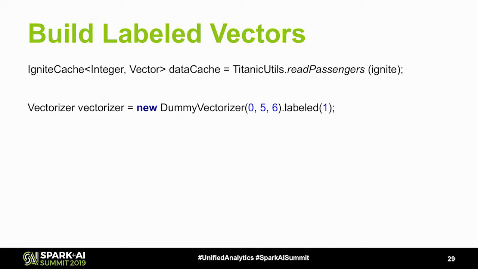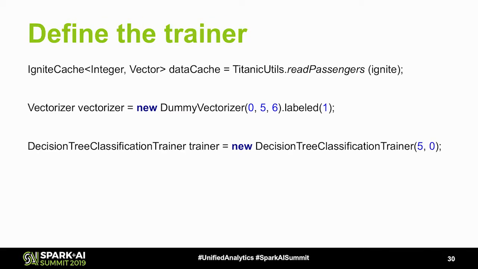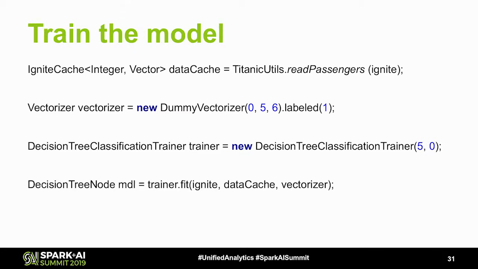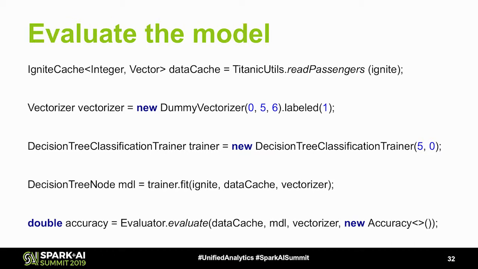It reminds me of VectorAssembler, where we should pass as parameters the indexes of elements in an array or a different internal structure, and the index of the label, to build special internal vectors to train on them. After that, we could define the trainer and feed the trainer to the data cache.